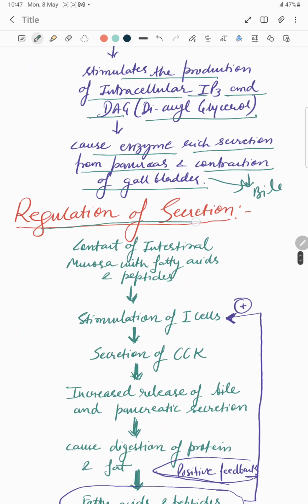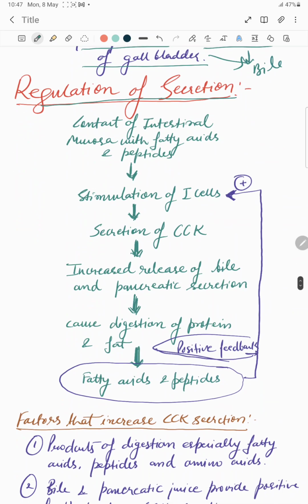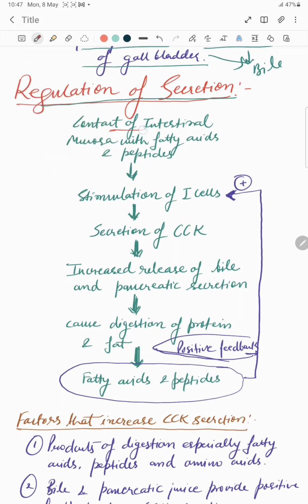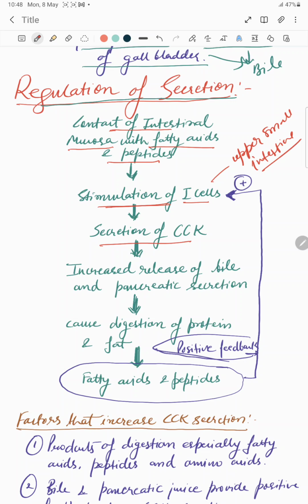Now come to the next point, that is regulation of secretion. Whenever the small intestinal mucosa accumulates fatty acids and peptides, this stimulates the I cells present in the upper small intestine, and this causes secretion of cholecystokinin from the I cells.